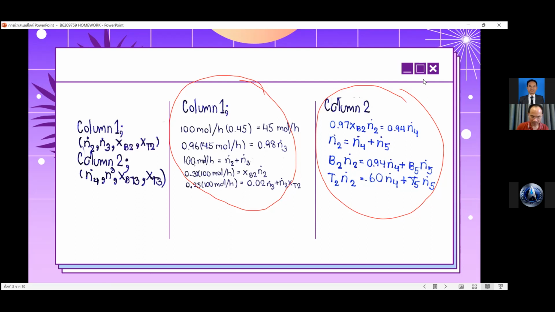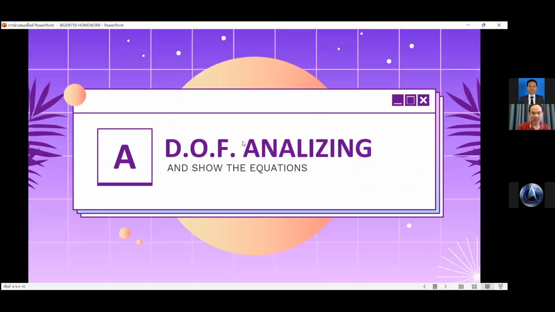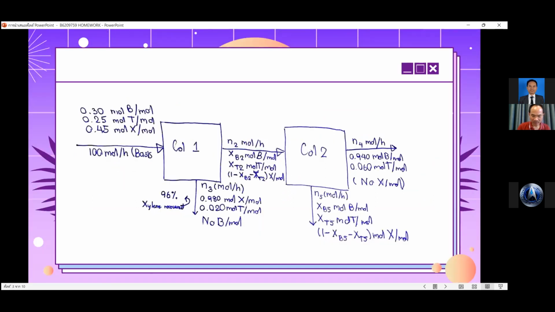And also a comment: when you talk about the overall balance, it is sometimes confusing. Move to the flow chart. Okay. When you talk about the overall balance, that means we balance around the overall process. But sometimes in the textbook, or when you write overall balance, for me it means the overall process.